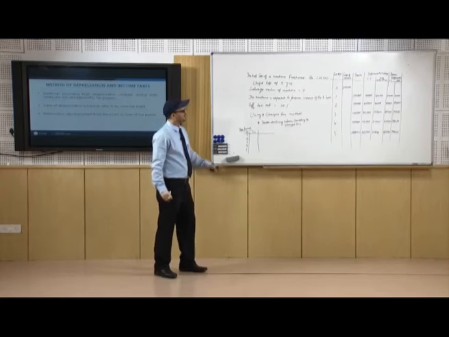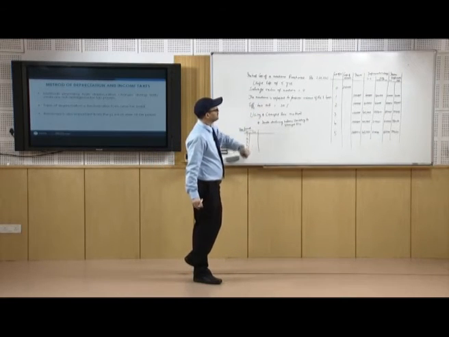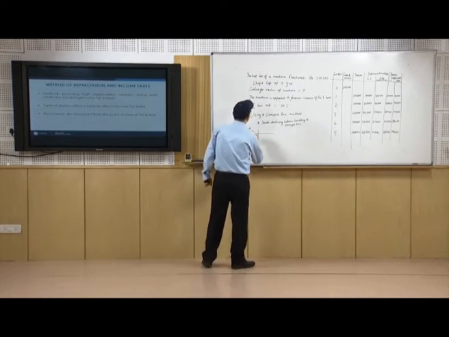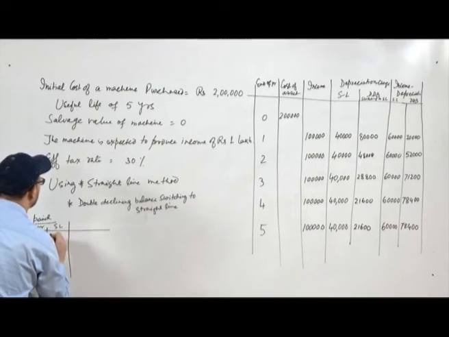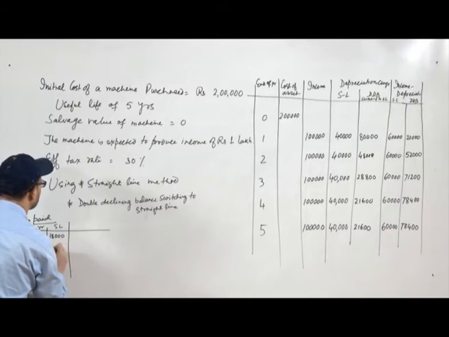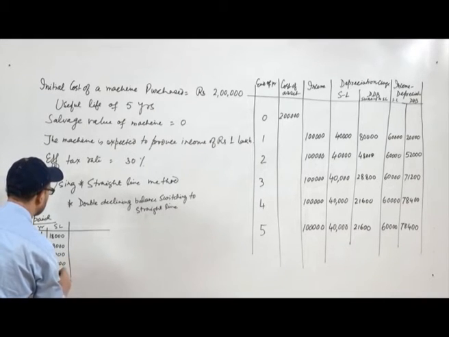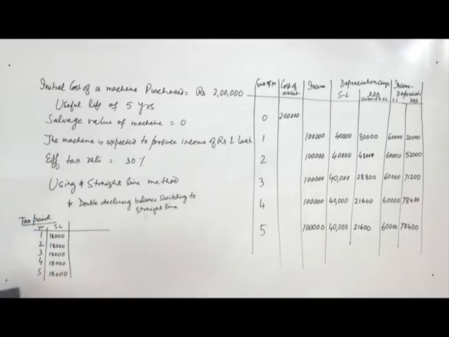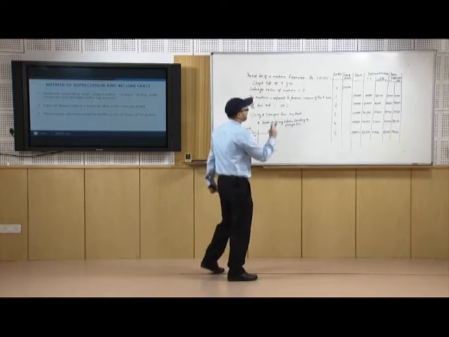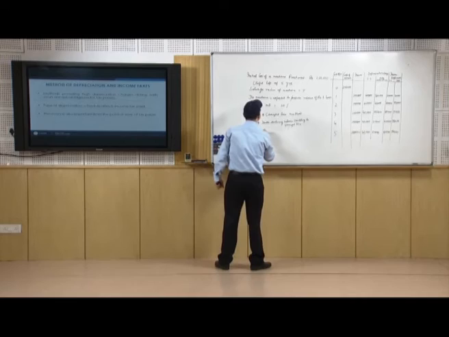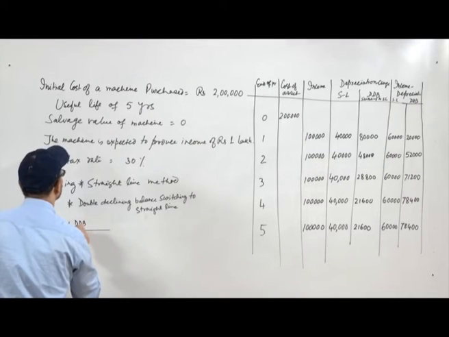Using straight line, the income is 60,000. Here you are paying 30%, the effective tax rate, so you are paying 18,000 every year. And using DDB switching to straight line, you are paying 30% of the income.